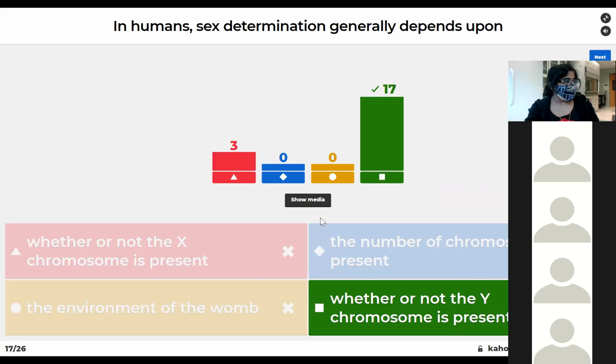Because you can have many, many X's, but if you don't have a Y, you will never be male.